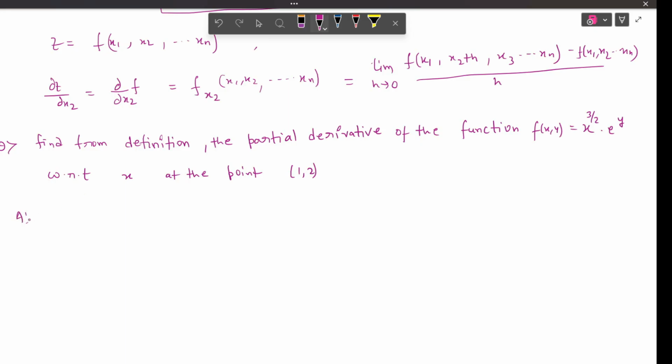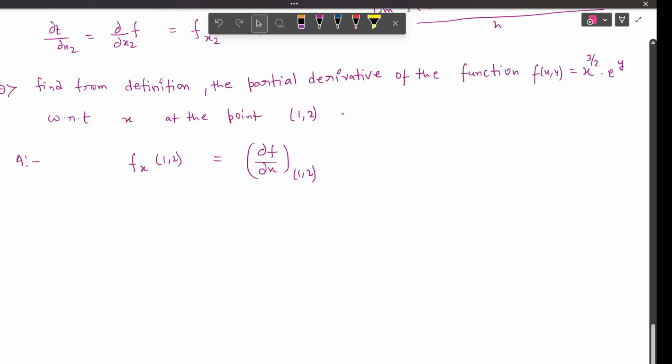So it is clear that we have to find f x at 1 comma 2, right? We have to differentiate the function with respect to x at the point 1 comma 2. So we can write this as del f upon del x at 1 comma 2. So what is the definition?